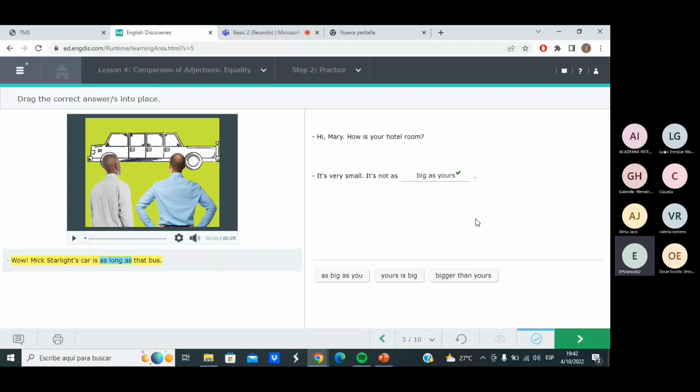It's very small. It's not as big as yours. Yeah. So just remember that we have to pronounce the letter S at the end, yours, right? Hi Mary, how is your hotel room? It's very small. It's not as big as yours, ¿verdad? Y es una negación. It's not.